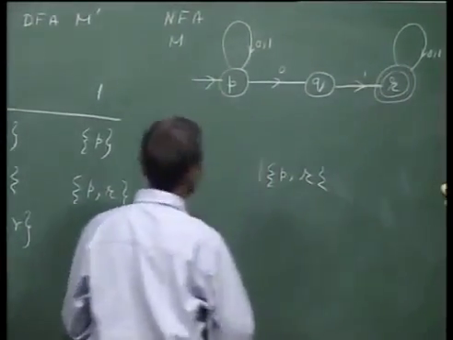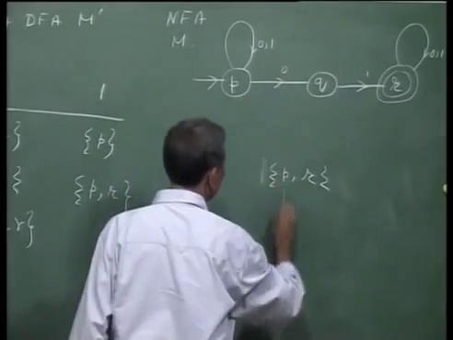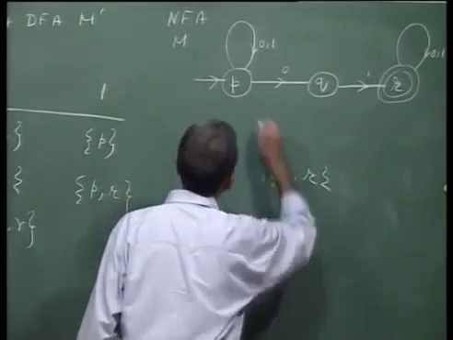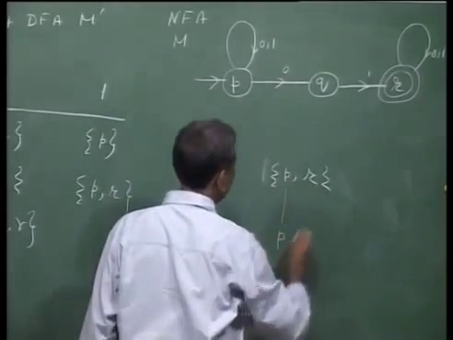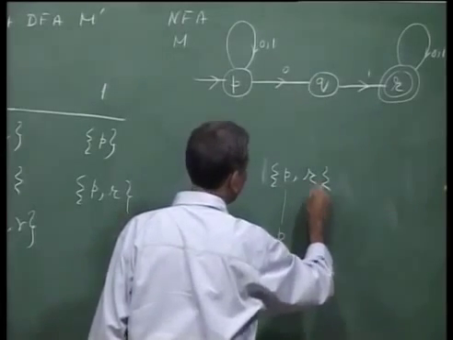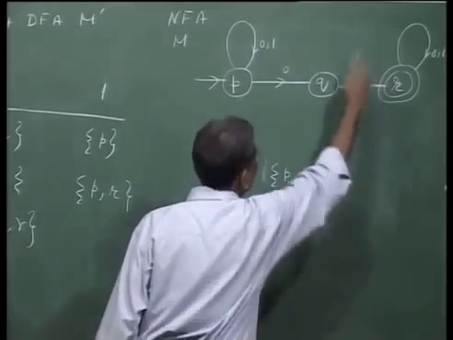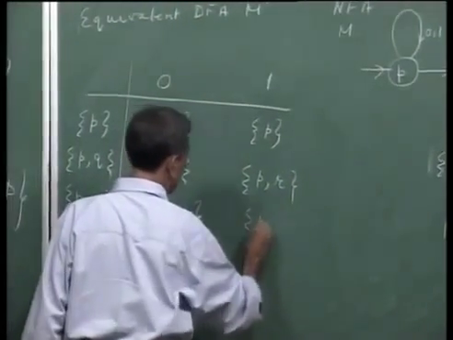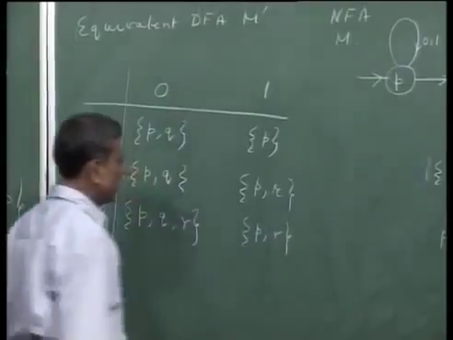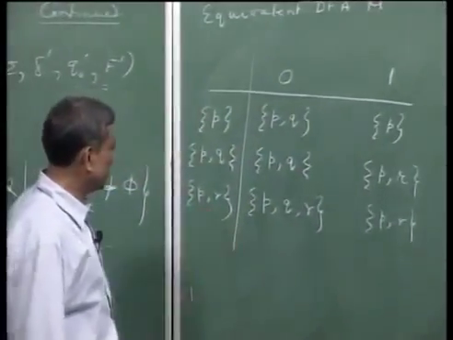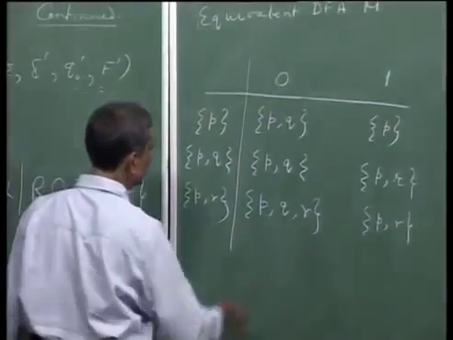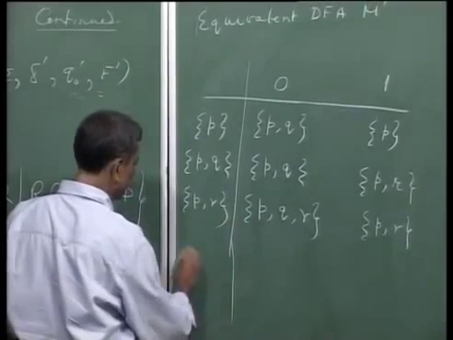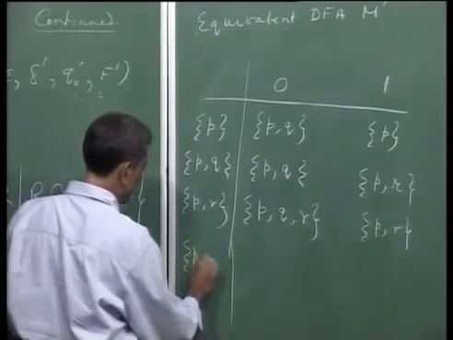From P, the NFA on 1 can go to only P, and from R on 1, you will see it can only go to R. So it is PR. PR is already taken care of, but again we have discovered a new state, PQR.